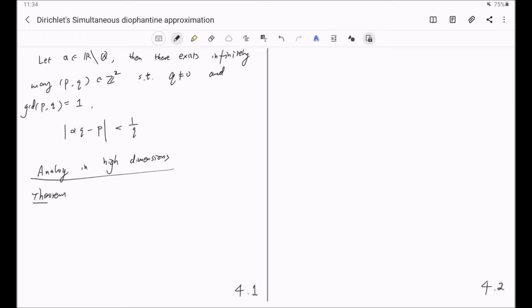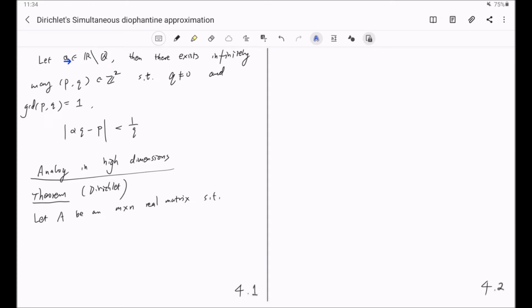So the theorem: let A be an n by n real matrix such that, now we need an analog to alpha being irrational.